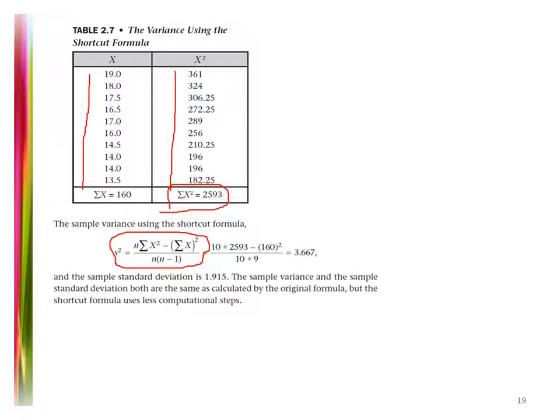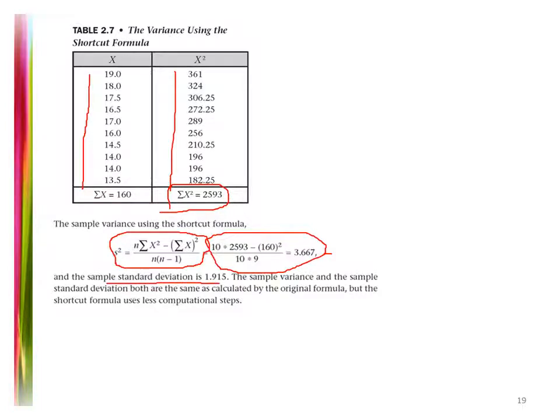Next apply the formula, plugging in those numbers. Here we get the answer 3.667, which is exactly the same as our previous calculation. Then you can take the square root here, which is the sample standard deviation.